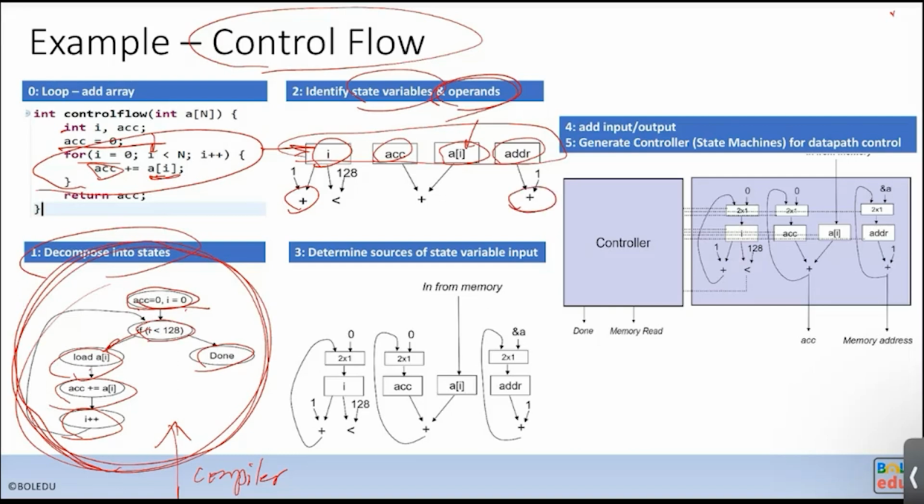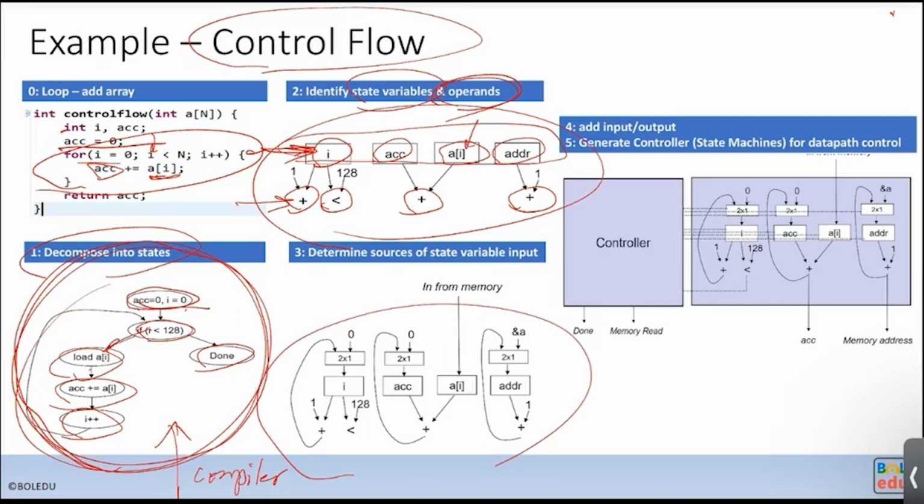Second, you have an adder to generate the address. You have a comparator to compare the index, and you have an adder to accumulate the array. Again, you define the state variables and the operations. The rest will follow the previous expression state machine. Then you draw the state variables, which come from all different sources.